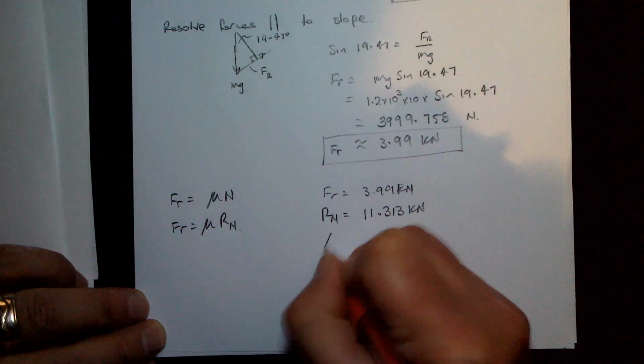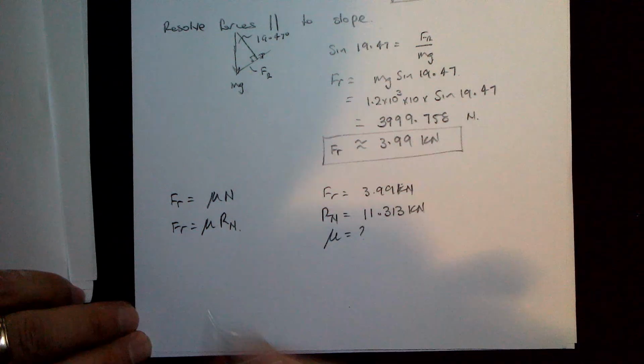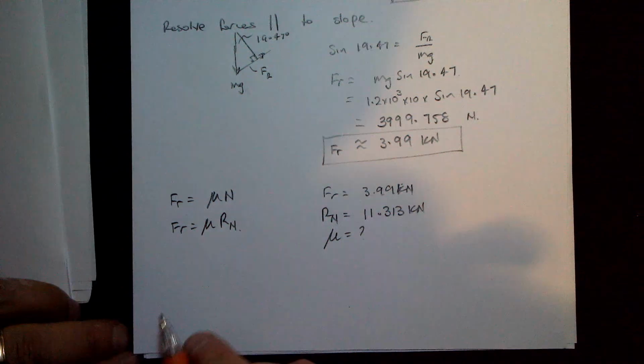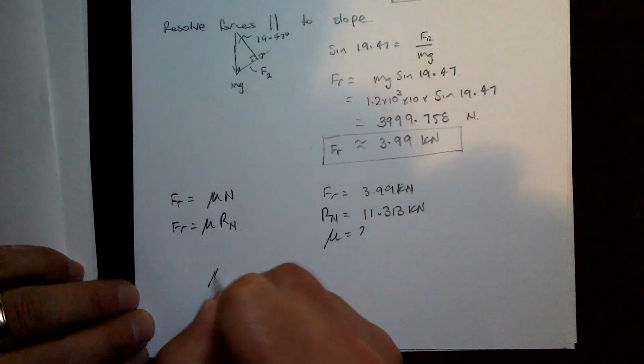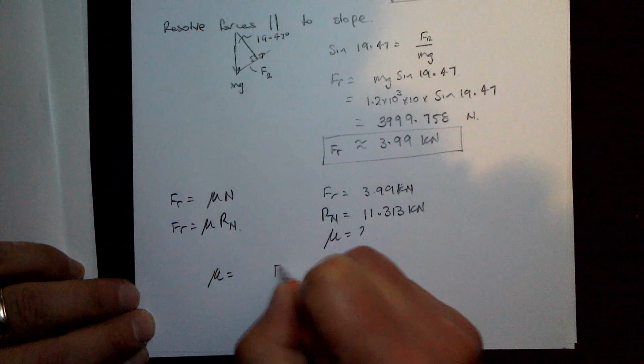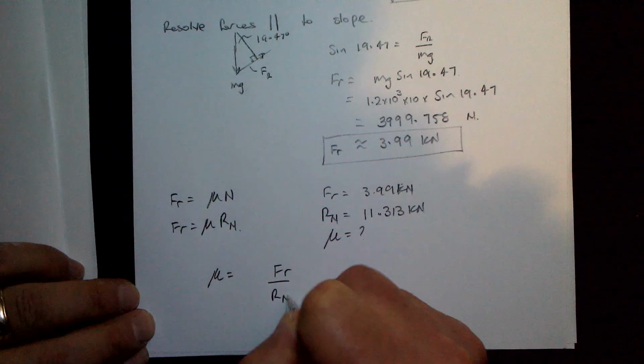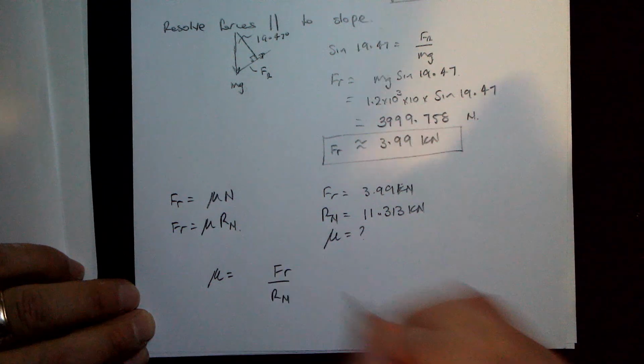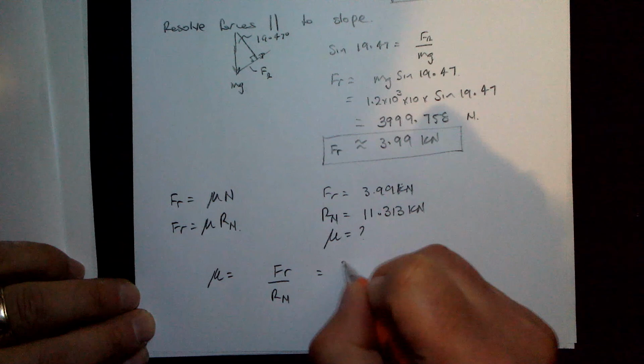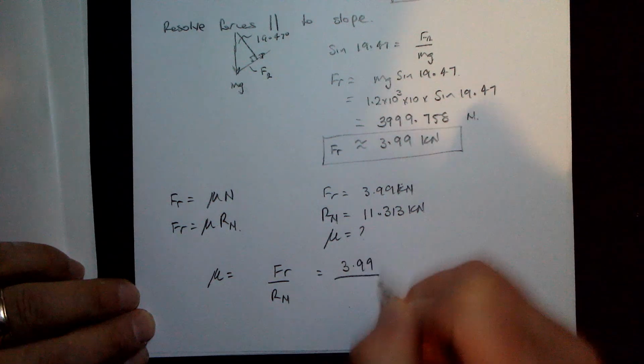If I rearrange this formula, mu equals FR over Rn, which equals 3.99 divided by 11.313.